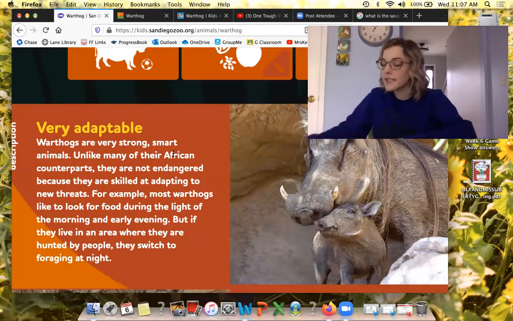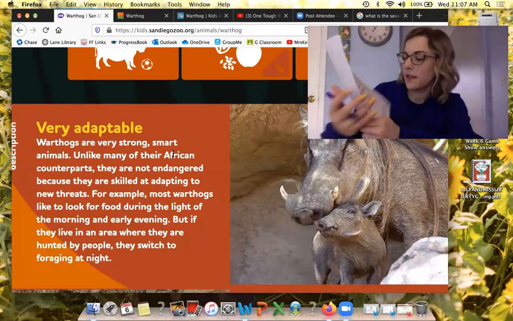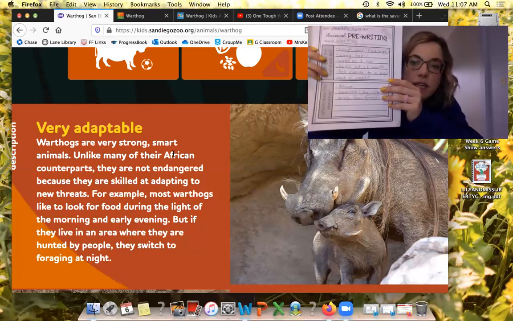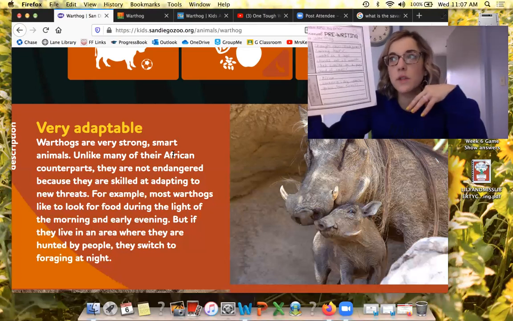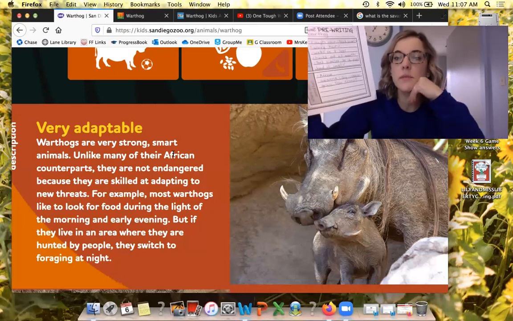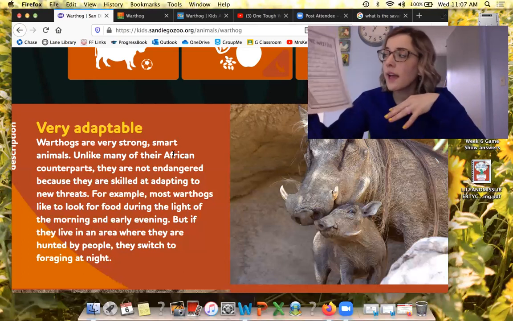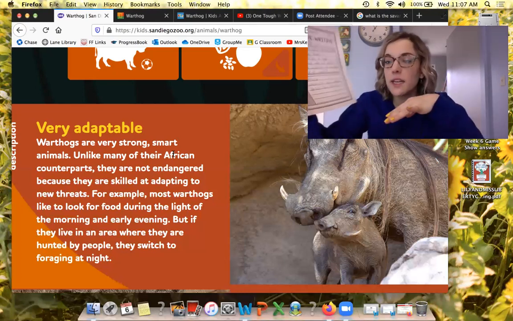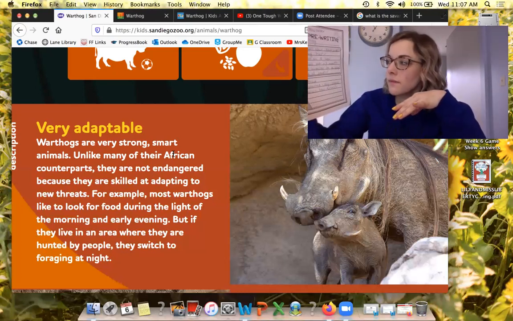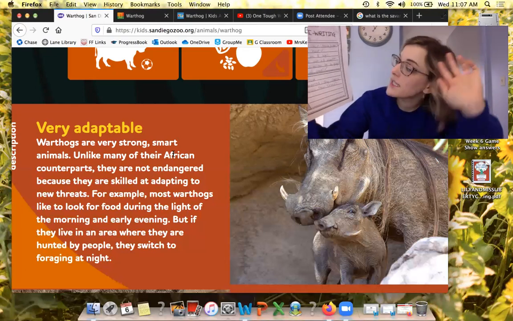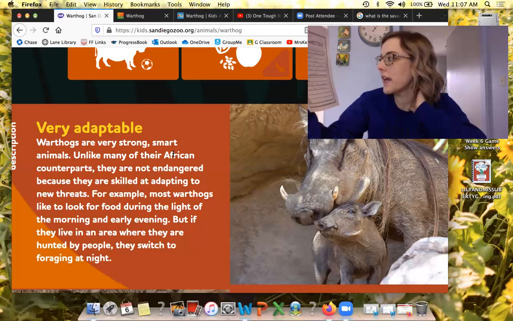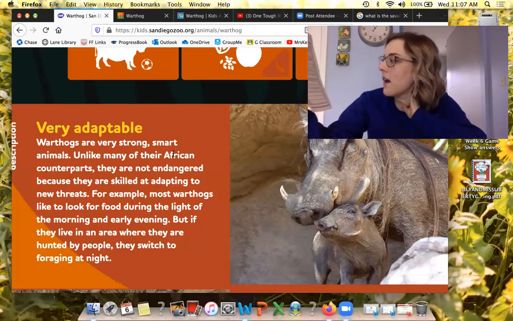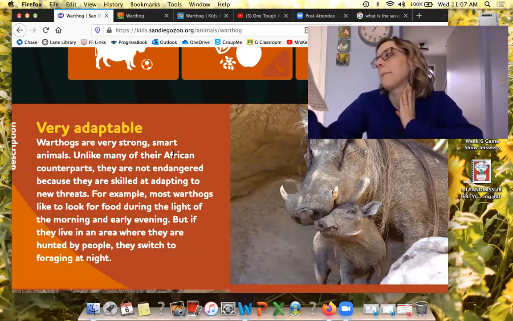I have two lines left, which is just enough space to write about their legs and feet. Should I keep those separate or should I talk about them together? Are they closely related enough to combine in one sentence? I think I can connect their legs and feet into one sentence. So I might say, similar to a pig, warthogs walk on four legs and have, I might not say hoofed feet.